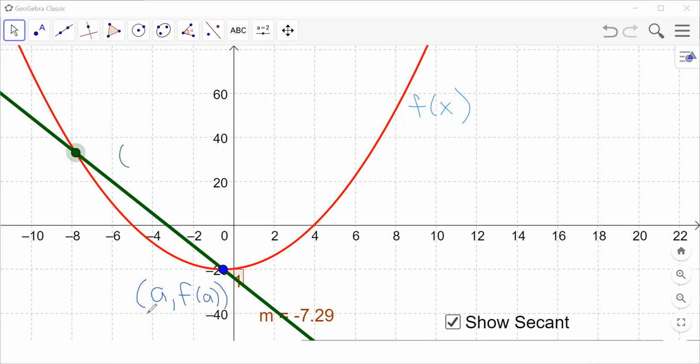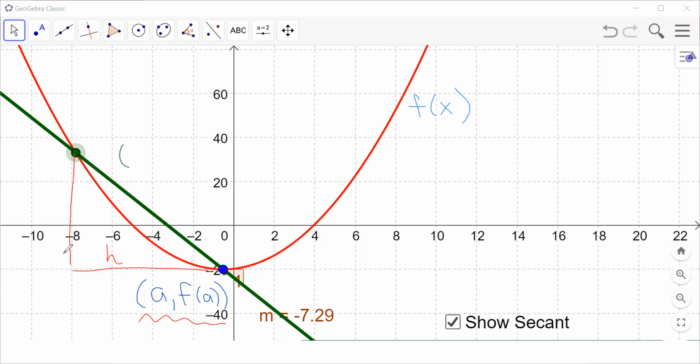They said, okay, look, we're going to start at A, and we're going to still call this point A, f at a. But now I've got this other point over here, and I want to compare it to A. So instead of just making it a random point, x, f at x, what they say is I've moved some distance over, and that distance over I'm going to call h. Okay? I've moved some distance over horizontally. I'm going to call that h.